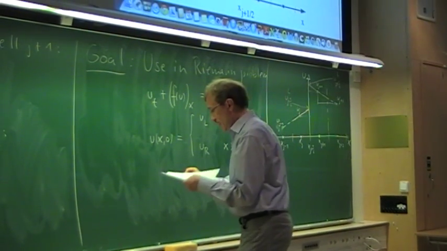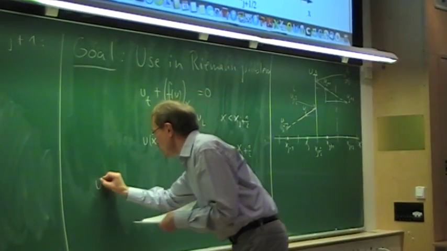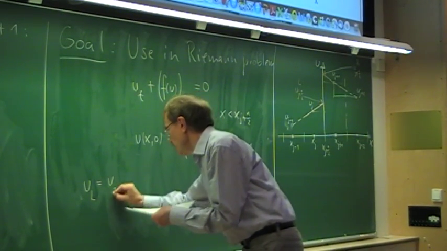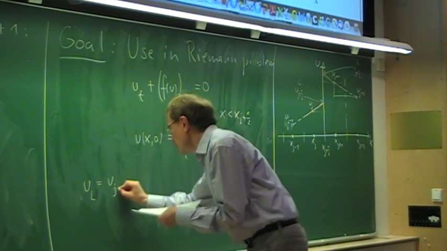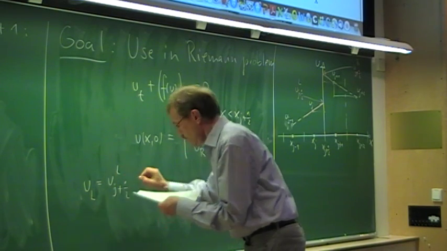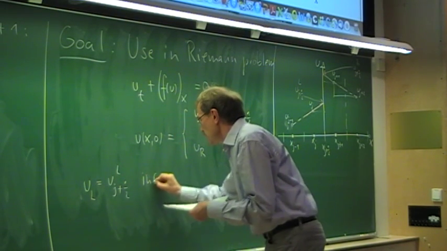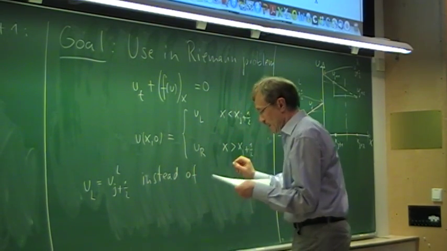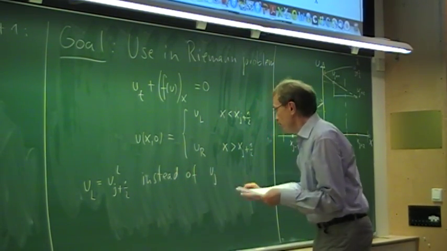So in this Riemann problem, we use now this extrapolated u left instead of the uj. So we use then here the ul equal to the left reconstruction uj plus 1 half l instead of what Godunov did, instead of uj.